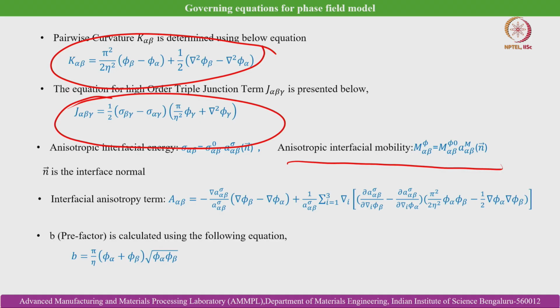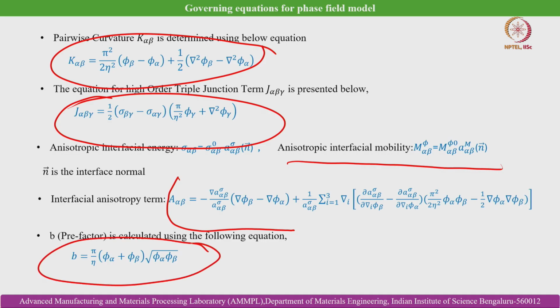So, then n̄ is the interface normal, and the interfacial anisotropy term a_αβ is equal to minus ∇·(a_αβ^σ ∂a_αβ^σ/∂∇φ_β − ∂a_αβ^σ/∂∇φ_α) plus 1 by a_αβ^σ summation of i equal to 1 to 3 ∇_i into (∂a_αβ^σ/∂∇_iφ_β − ∂a_αβ^σ/∂∇_iφ_α), okay, into π²/(2η²) (φ_α φ_β) minus half ∇φ_α·∇φ_β, where b is the prefactor which is calculated based on this expression.